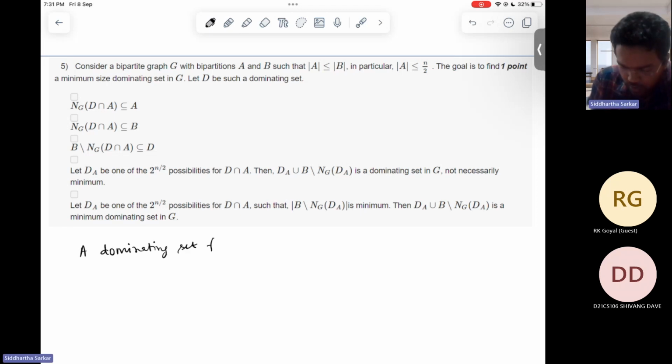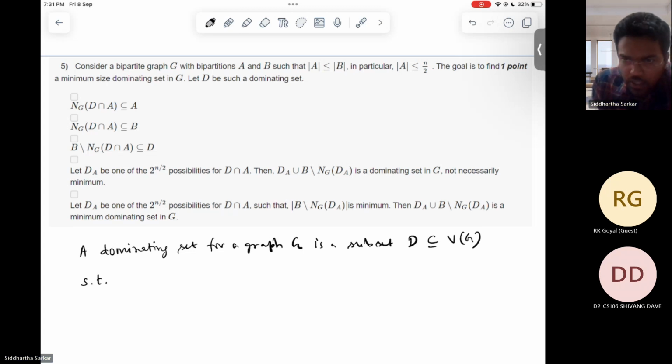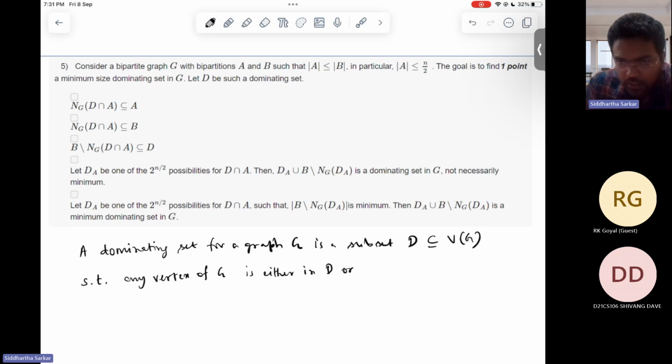A dominating set for a graph G is a subset D of the vertex set such that any vertex of G is either in D or has a neighbor in D.